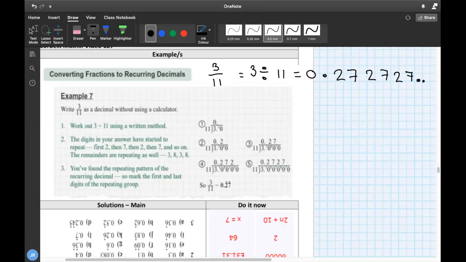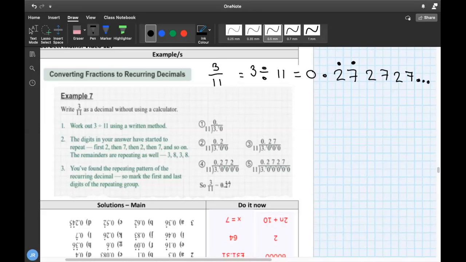That will keep going on for infinity. And we don't want to keep writing that for infinity. So what we do is we use these little symbols here, and they tell us what numbers will continue on for infinity, what numbers are recurring. So 3/11ths, once we do 3 divided by 11, we get this long number. So we can say that that is equivalent to 0.27 recurring.